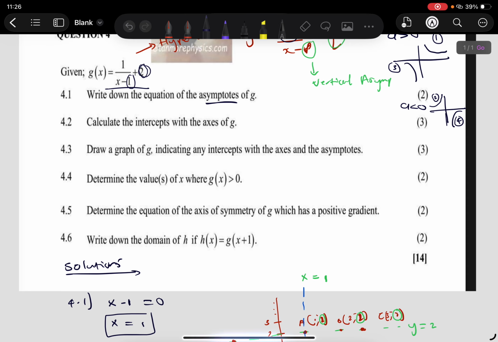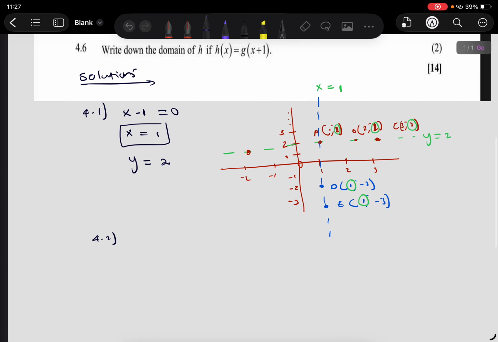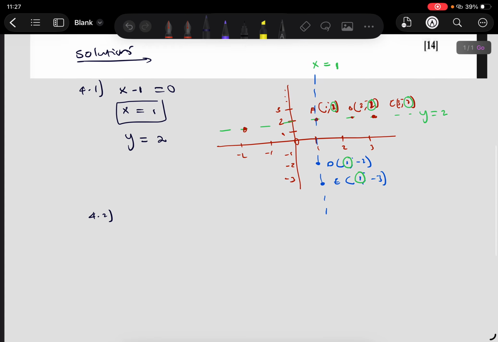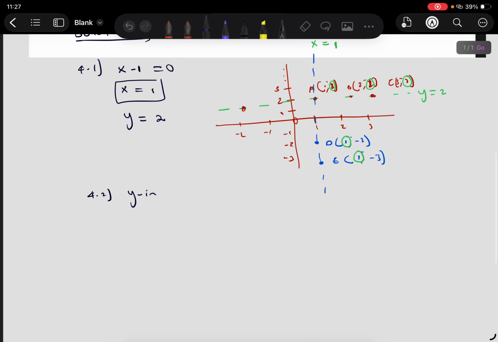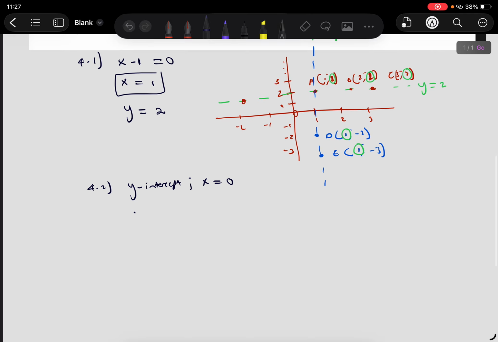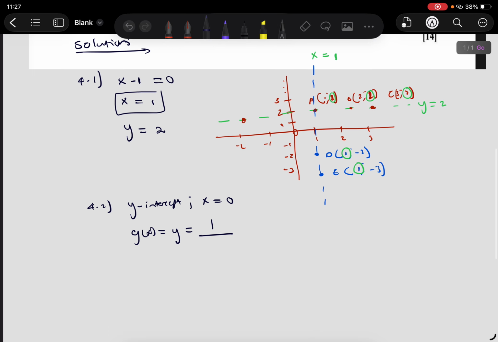Calculate the intercept with the axis of g. So the word intercept means we're looking for both the x and y intercept. Okay. So we know when we calculate the y-intercept, the rule says we must make x equal to 0, right? The formula is given by g of x, which is the same as y, is equal to 1 over x minus 1 plus 2.